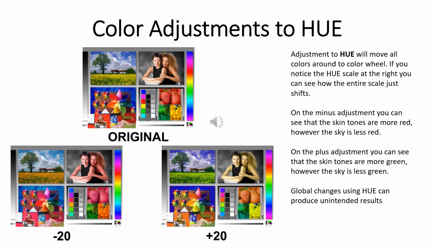In the sky on the -20 image, you can see the sky is far less red, kind of a more neutral blue color. And on the +20 image, you can see that the sky is considerably redder than it is in the original. These overall hue changes can give you some undesired results.